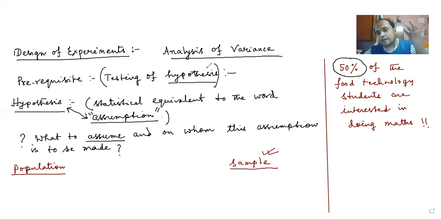It is not possible for me to go to every university and ask students whether they are comfortable or not. And even if, for the moment, I assume it's possible to go to each and every university that has this program, food technology, and ask each and every student, I'm not sure whether students will tell the truth.